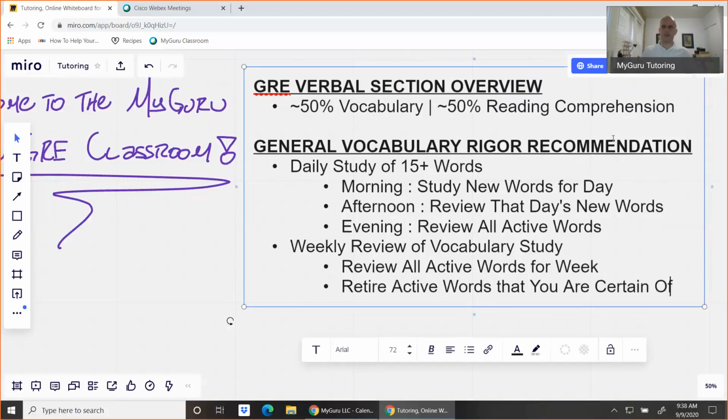So if you go through and you're like, you know what, I know what pescatarian means, I know it inside and out, I don't have to worry about it, retire it so that you're not going to use that in your active words.